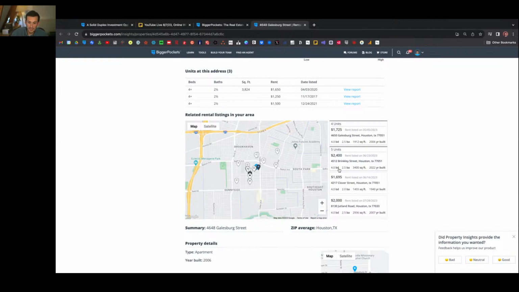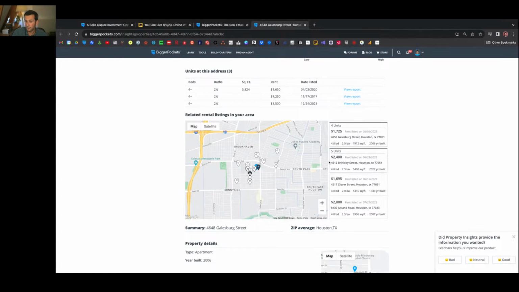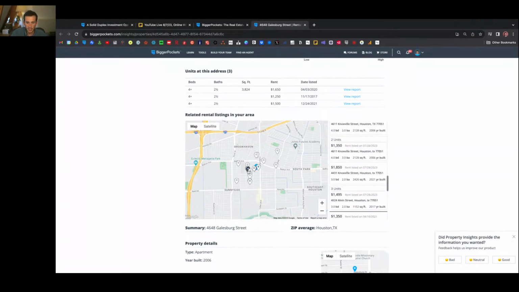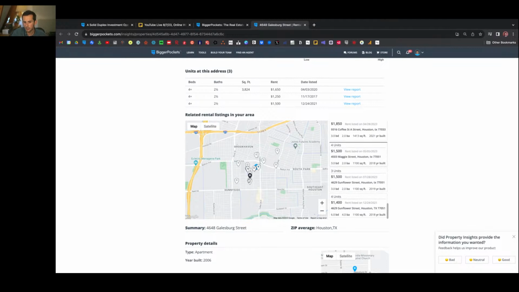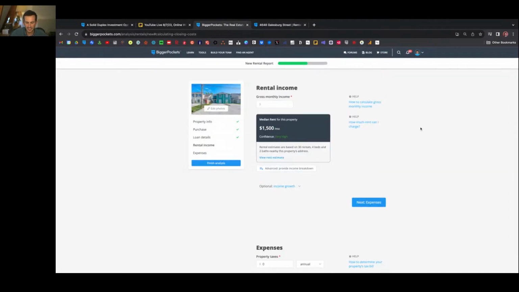Maybe this one on 4512 Brinkley is renovated and we could get our rents from about $1,500 up to $2,400. On the other hand, some of them are cheaper. These are smaller though, 3-bed, 2-bath. So you can really narrow down and start to understand the picture of rent in your neighborhood. But let's go back to the calculator.